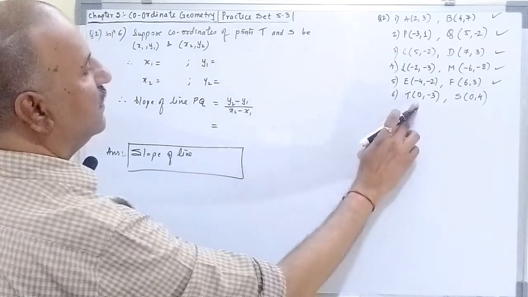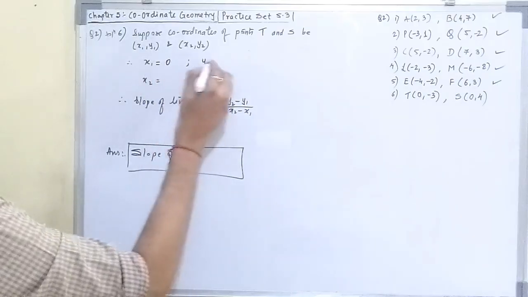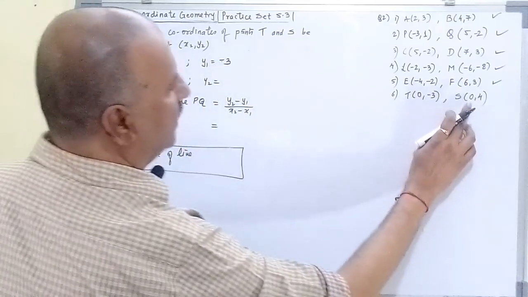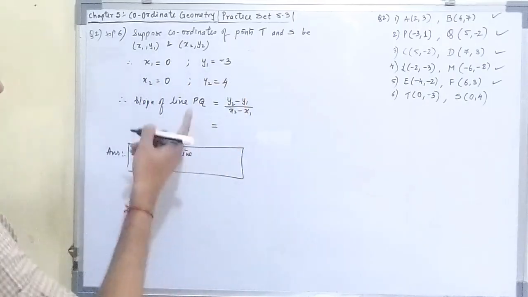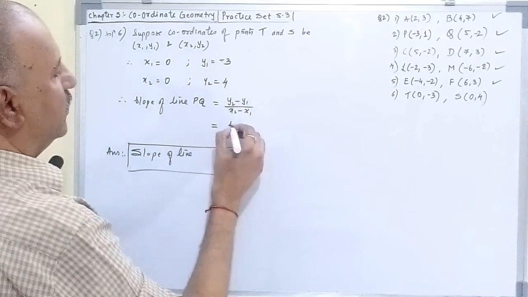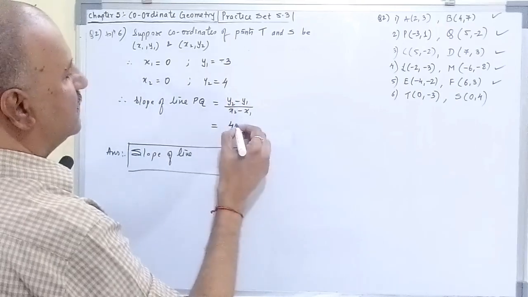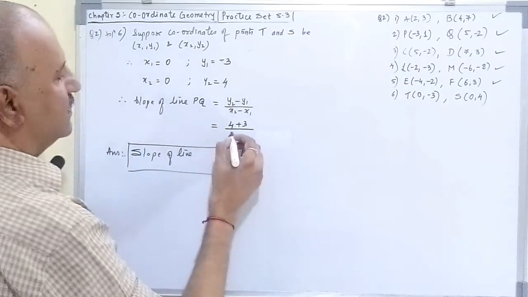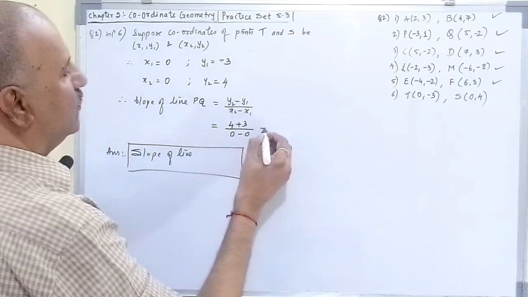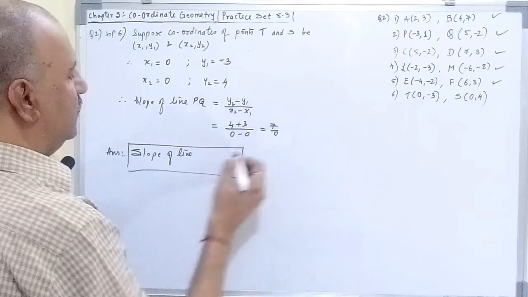T and S: x1, y1, so x1 is 0, y1 is minus 2. x2, y2: x2 is 0, y2 is 4. Start. How much is y2? 4, this minus and this minus makes plus, 3 upon x2 minus x1, which is 0 minus 0. So this will be 7 upon 0.